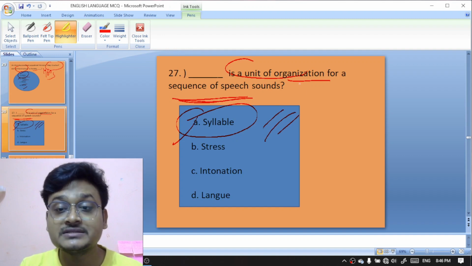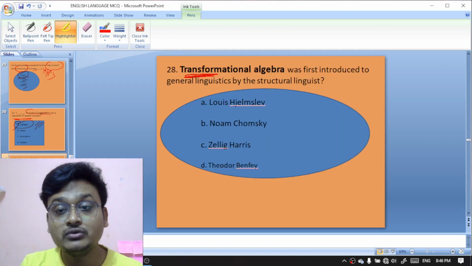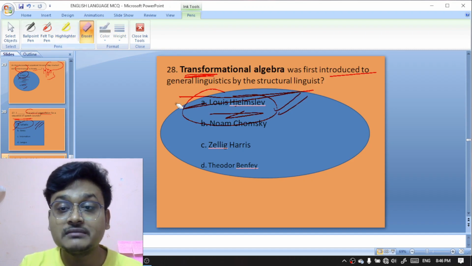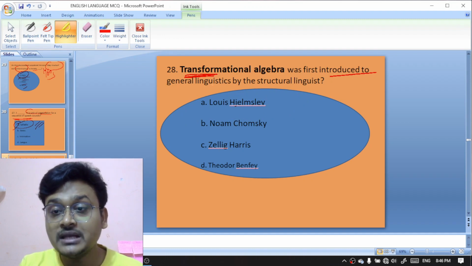Syllable is a unit of organization for a sequence of speech sounds. Transformational algebra, Louis Helmholtz law, was first introduced to general linguistics by the structural linguists. So A is the right option here.